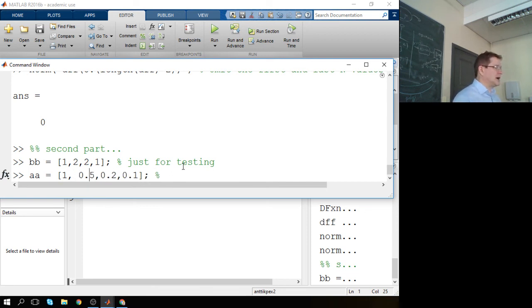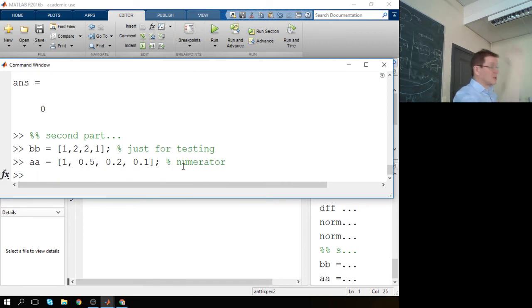Okay, so these are the numerator parameters. The corresponding difference equation here would be y of n. See, the first parameter here is the A0.